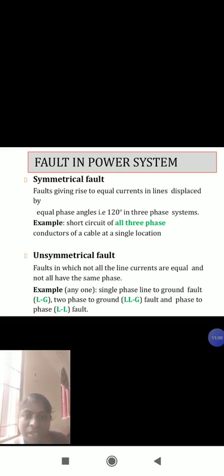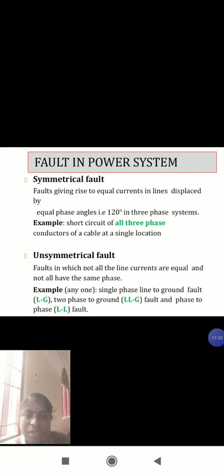The fault that gives rise to equal currents in the lines, displaced by equal phases of 120 degrees in all three phases, is called a symmetrical fault, or a three-phase fault. The unsymmetrical fault is a fault in which not all the line currents are equal and do not have the same phase in all three phases.